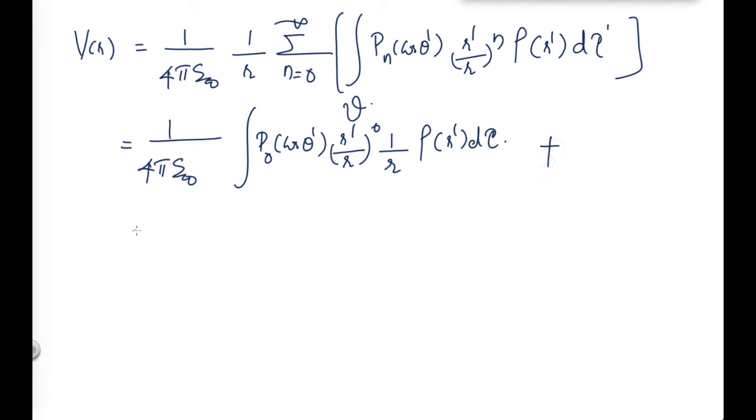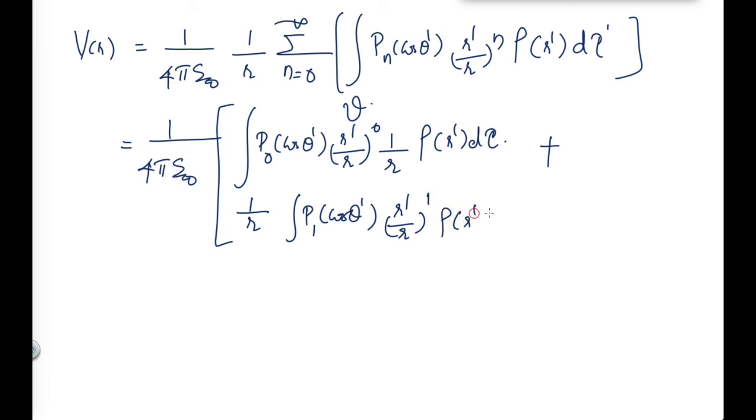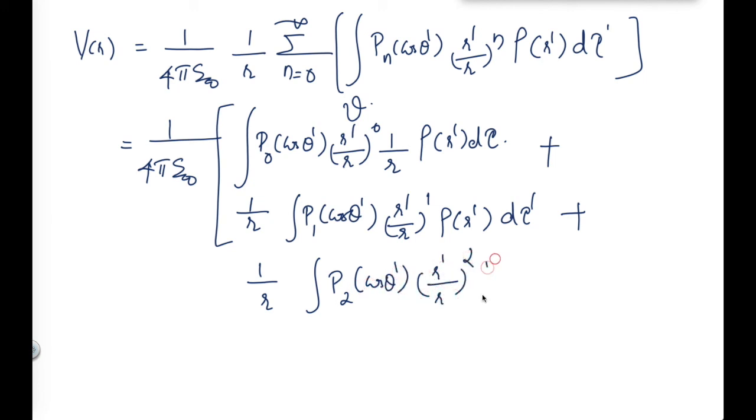Plus, second term, 1 by r integral p1 of cos theta dash, r dash by r whole raised to 1, rho of r dash d tau dash. Plus 1 by r integral p2 cos theta dash, r dash by r square, rho of r dash d tau dash, plus and so on.